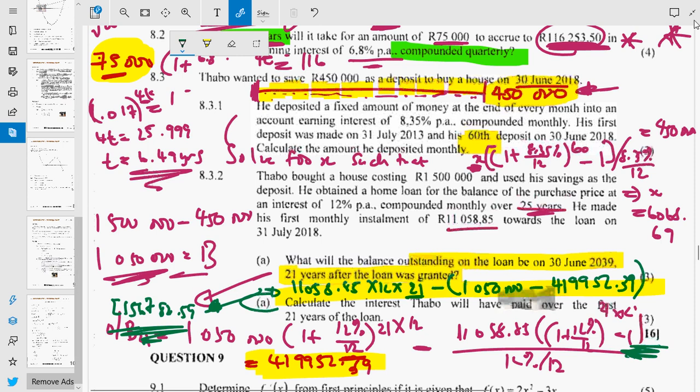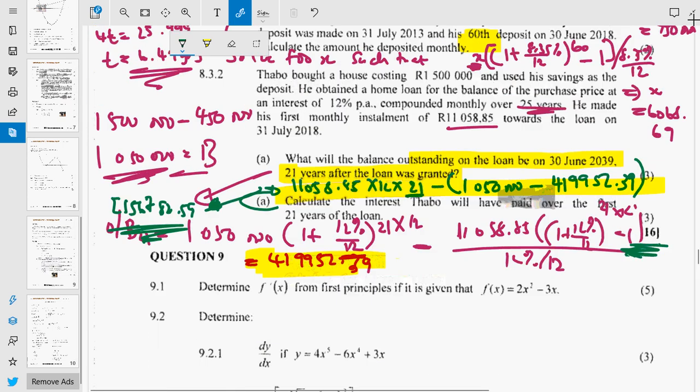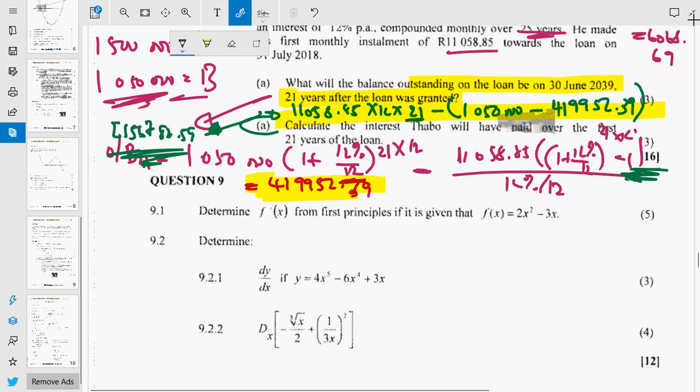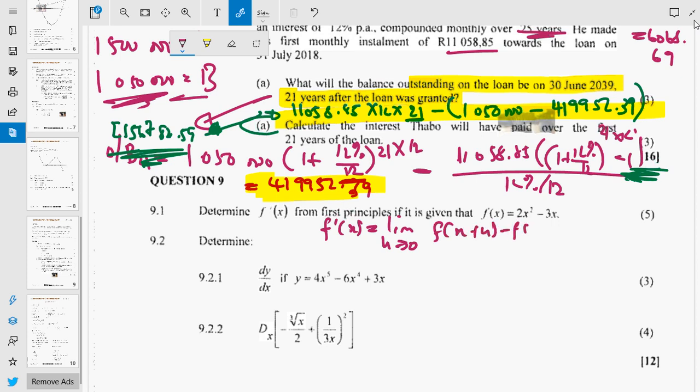Now, the next question is based on calculus. And the first question they ask is a famous first principles question. Now here, as long as you remember that your derivative using first principles is given by the limit as h tends towards 0 of f of x plus h minus f of x divided by h, then you would have been fine. So substitute your function, your functional values, and simplify.